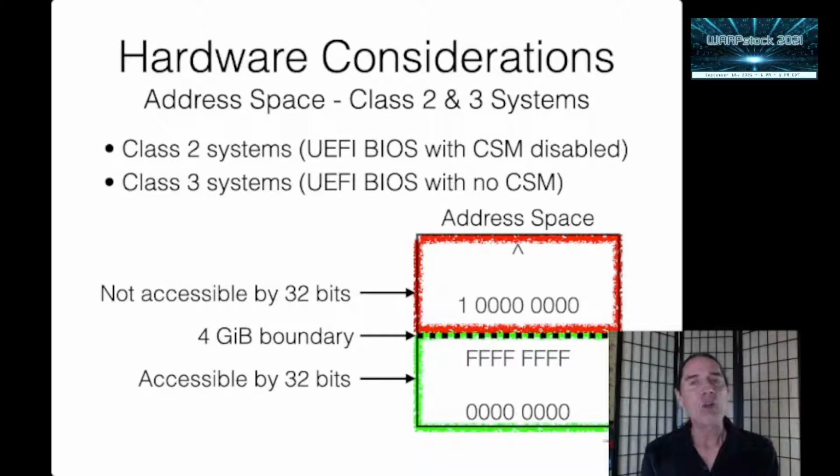This is not normally a concern for Class 1 and Class 2 systems. And this is what makes Class 2 systems a better choice over Class 3 systems for now, because they are likely to have more RAM available and they're unlikely to have I/O devices out of reach for ArcaOS.